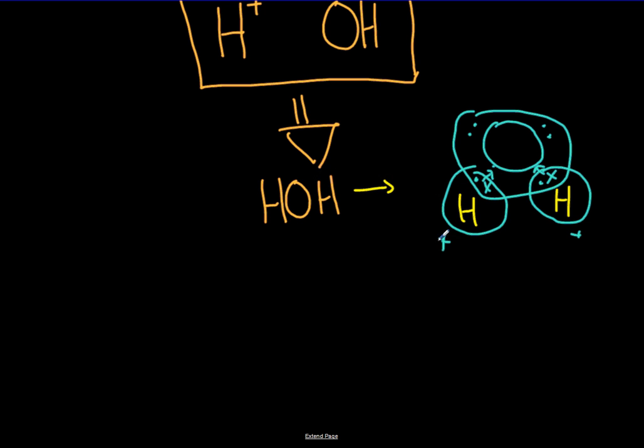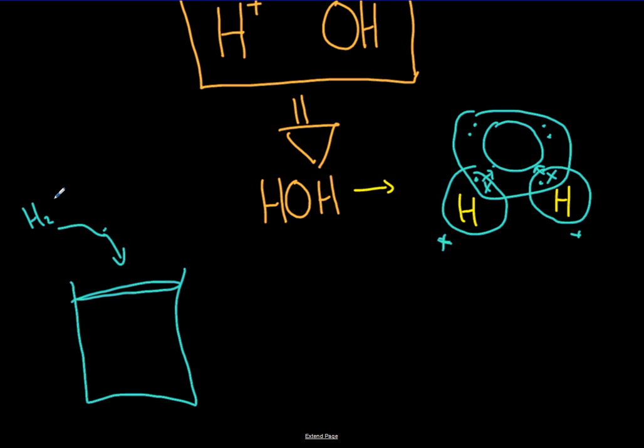If we have a container of water, and let's imagine that you're adding water in here, water is going to be interacting with other water, and essentially the positive parts of the water molecules are going to pull the other water molecules to some extent into ionic parts.